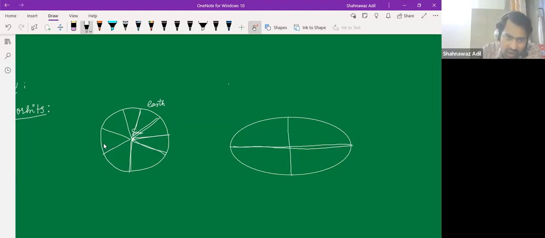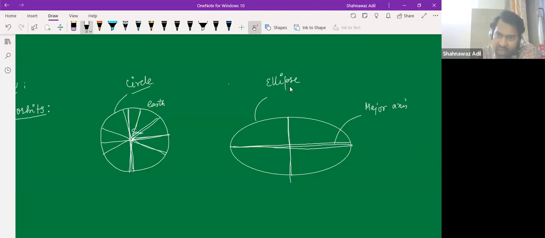Earlier, this length was equal to this length, but now this length would be greater than this length. So this is called the major axis, and this is an ellipse, and this is a circle.